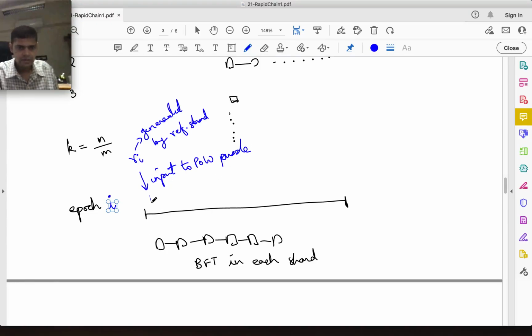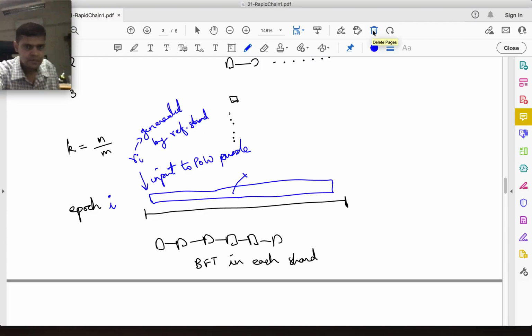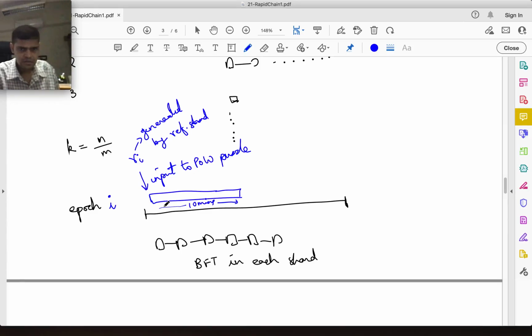Any particular nodes would try to solve this particular POW puzzle. So let's say for some particular period, something like 10 minutes, anyone can try to solve the POW puzzle.